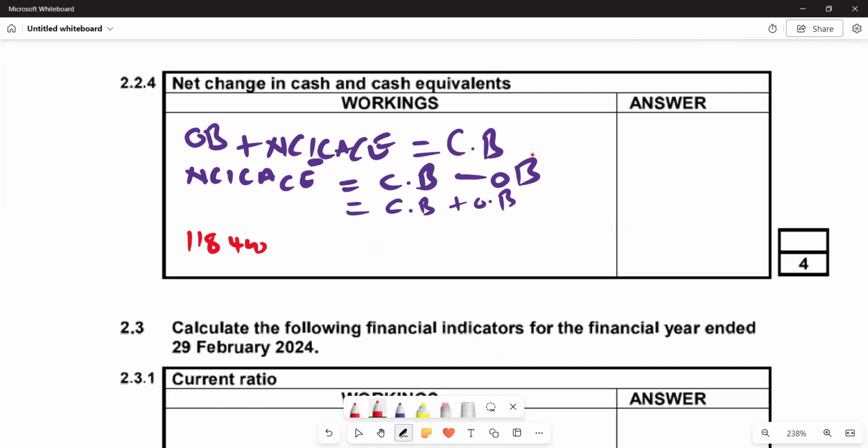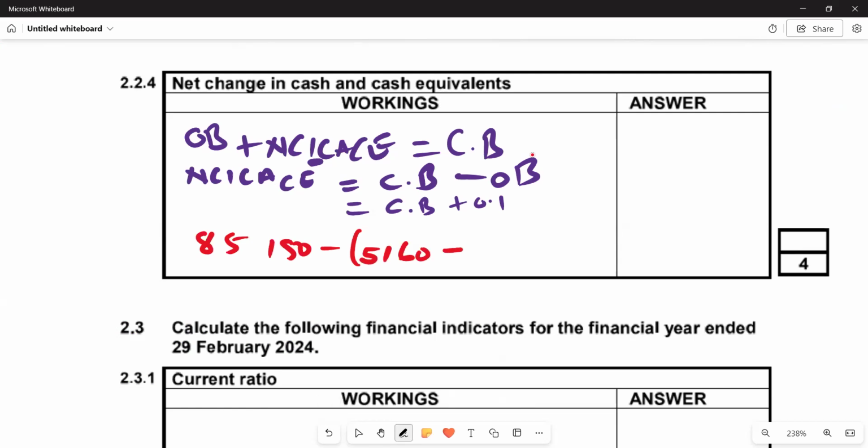We can just try to present it in a different way, whereby we are saying 85,000, 85,150, and then we subtract the figure that we are subtracting, which is 5,160 minus 118,400.